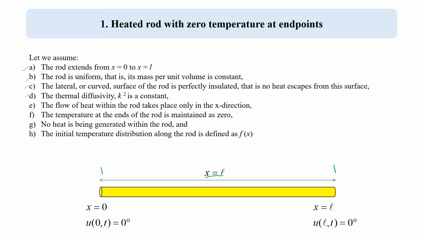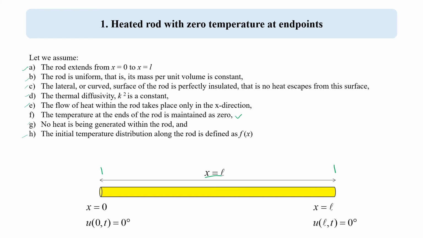The fifth is that the flow of heat within the rod takes place only in the x direction, so it is one-dimensional. The sixth is that the temperature at the ends of the rod is maintained at 0. The seventh is that no heat is generated within the rod. And the last is that the initial temperature distribution along the rod is defined as f(x).